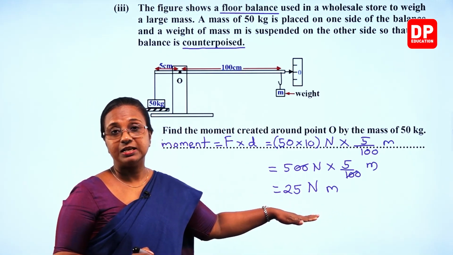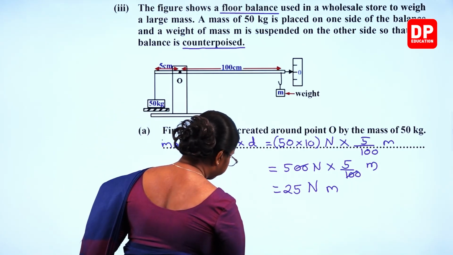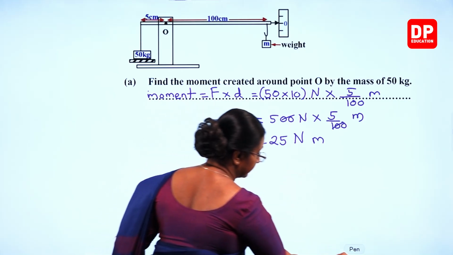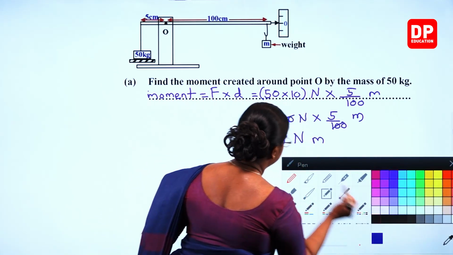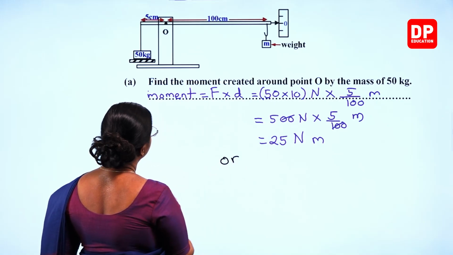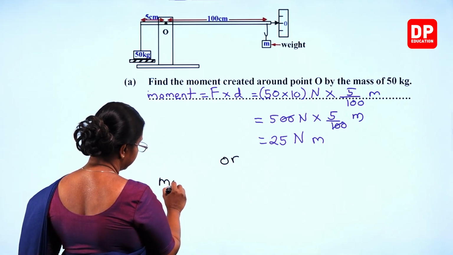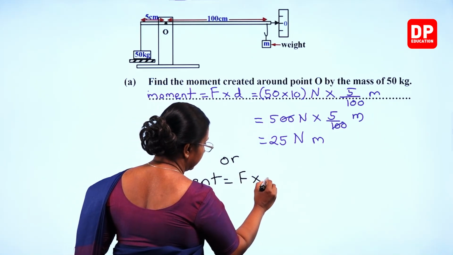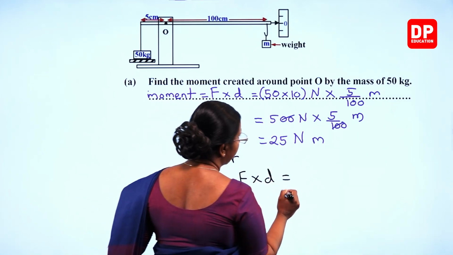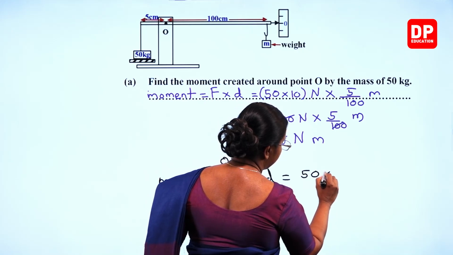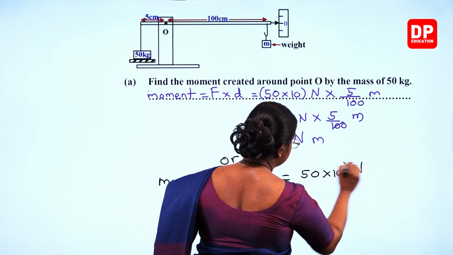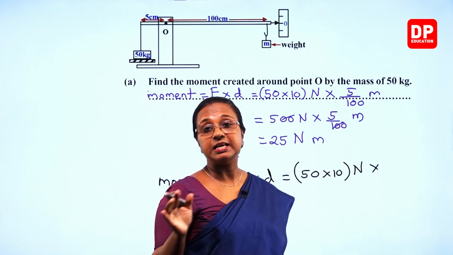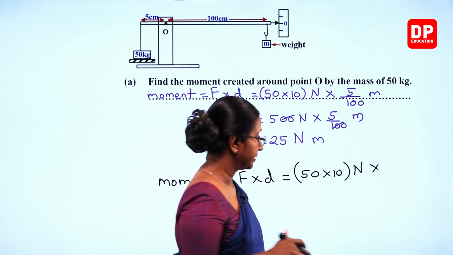This is in standard units. We have calculated in standard units the moment of force in Newton meters. At the same time, you can also calculate it as moment F into D. Here you need to find the force, 50 into 10 newtons, but you can give the distance in centimeters. That is also accepted.